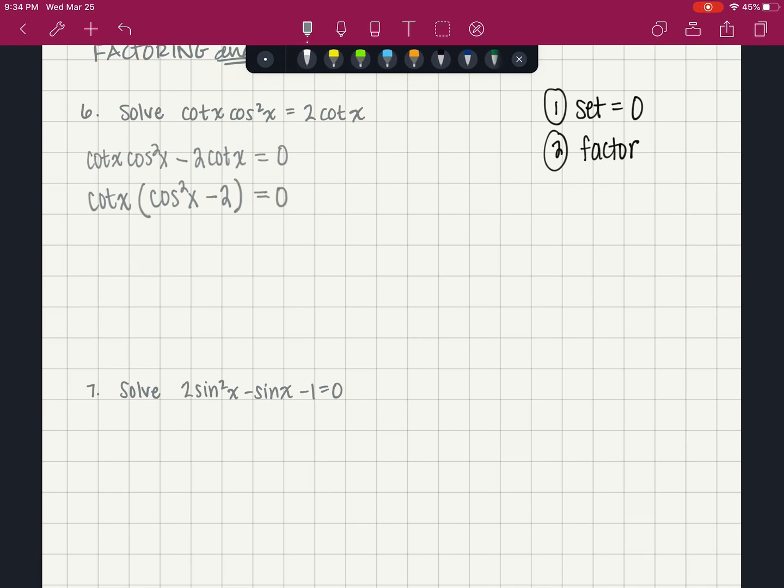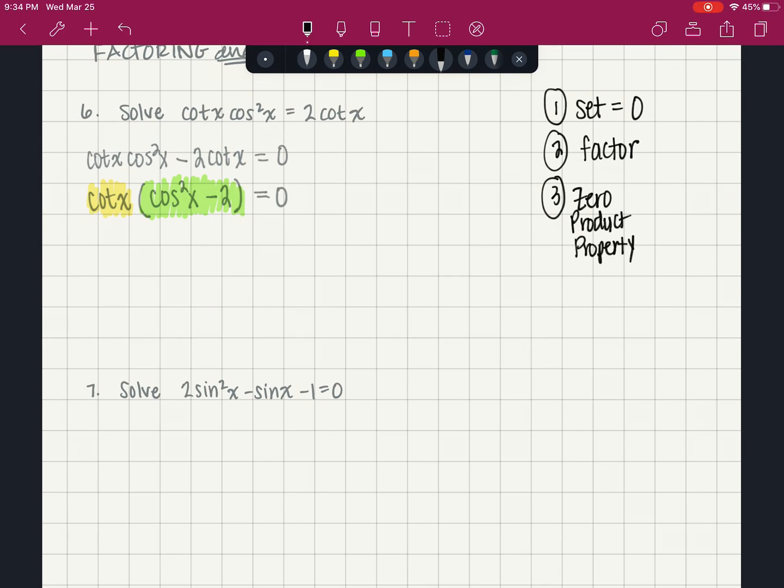And now I have one term connected by multiplication. This is all one term connected by multiplication. And I'm going to use the zero product property. So step 3, the zero product property.